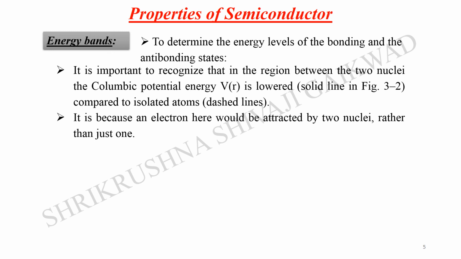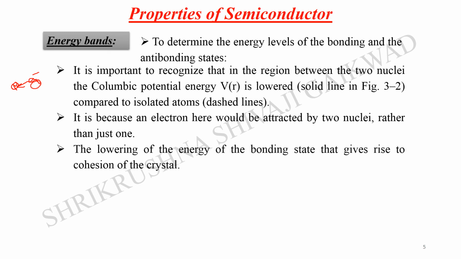If one atom is placed over here and another over here, the outermost electrons will be attracted by this atom as well as the other atom. There are two cores nearby, so the electron is attracted by the two nuclei, and its energy level gets lowered.